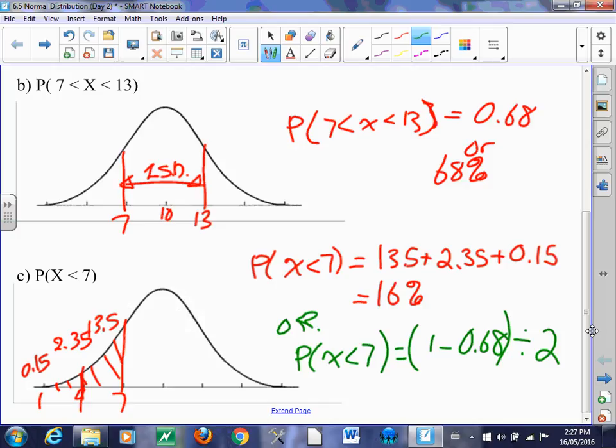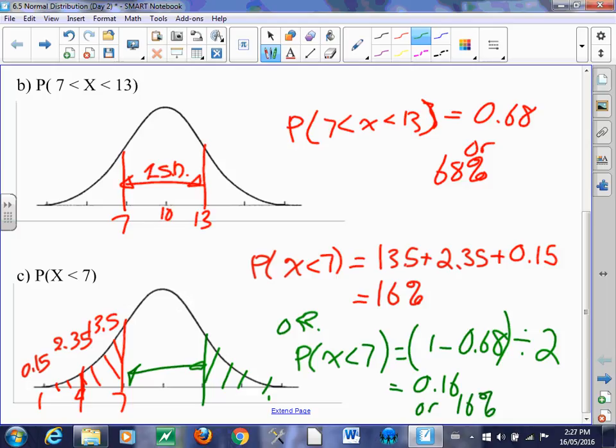So what that would do, folks, is that would cover this end and that end because you're subtracting the 68%, which is right here. And we divide by 2 because it's just one side. It's just another way of approaching it. So you get 0.16 or 16%. Either method there works.